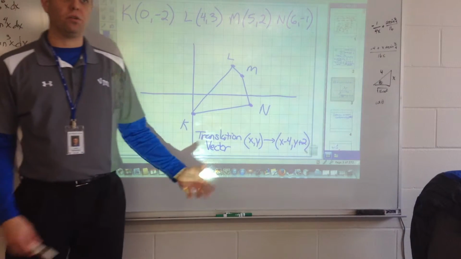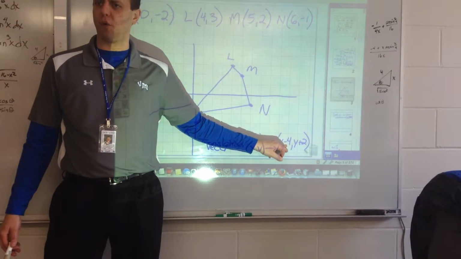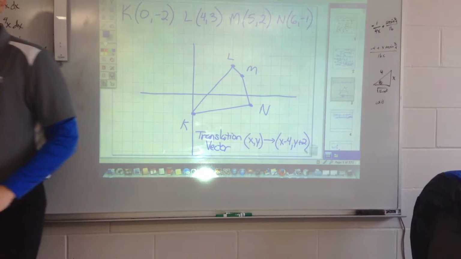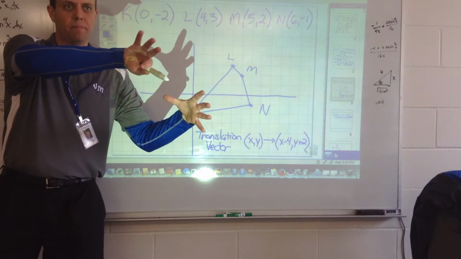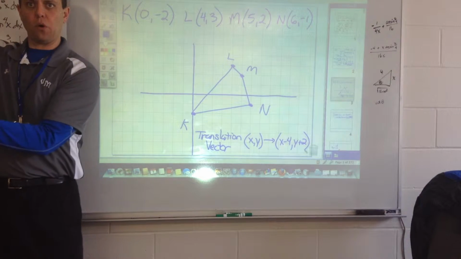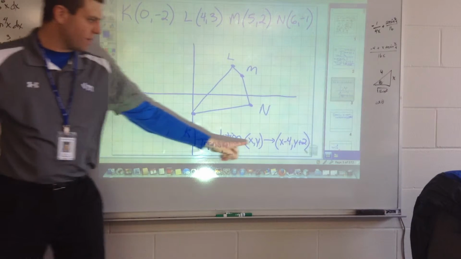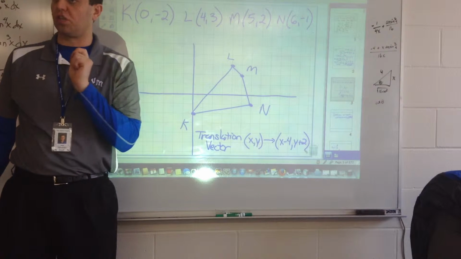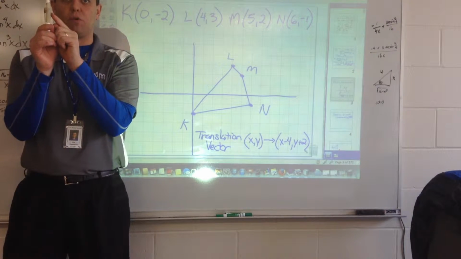What would that do to all of these coordinates if you were to subtract 4 from every x value and add 2 to every y value? Move them left 4 and up 2. If you subtract 4, the x values are going to get smaller, right? And when x values get smaller, which way does that move things?